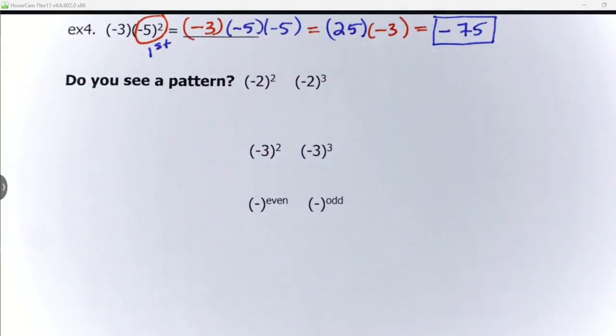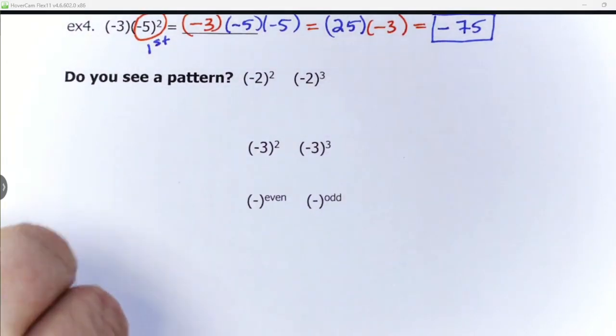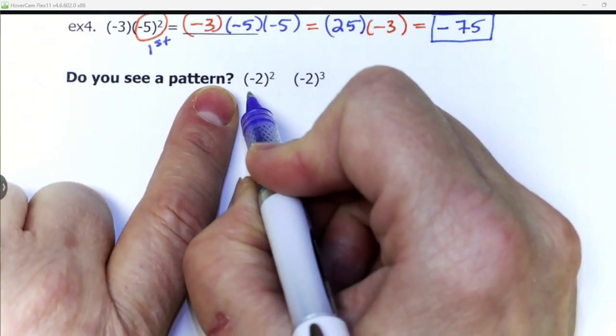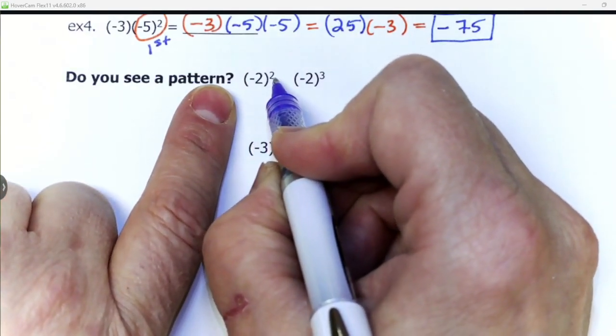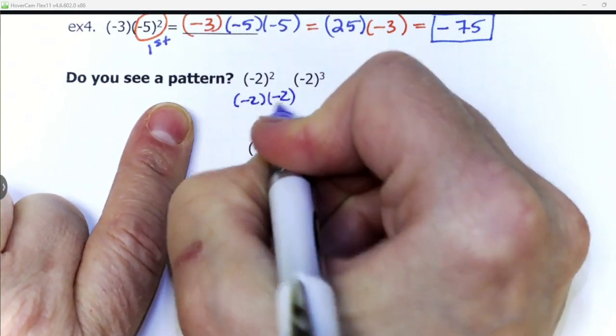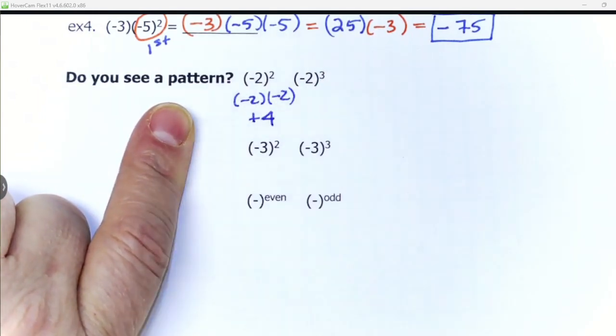Now, I'm going to show you a pattern that will save you a lot of headaches. This is a pattern. If I take a negative 2 to the power of 2, that would be a negative 2 times negative 2, which is a positive 4.